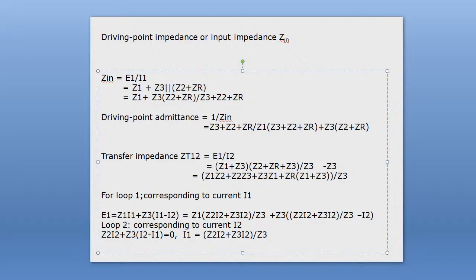First you write the loop equation for loop 1 and loop 2, I mean the loop equations for current I1 and current I2.